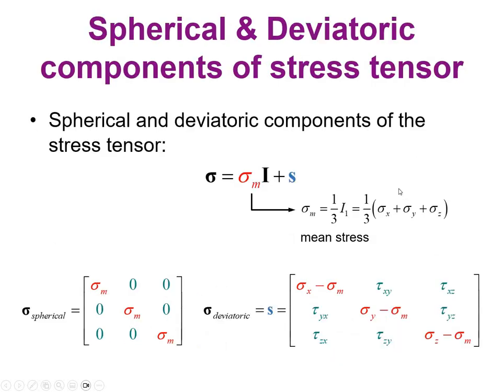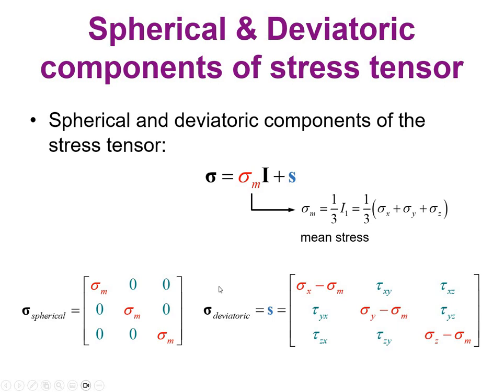There is a very important property of second order tensors in general, and particularly of the stress tensor: any stress tensor or any tensor can be decomposed into a spherical component and a deviatoric component.